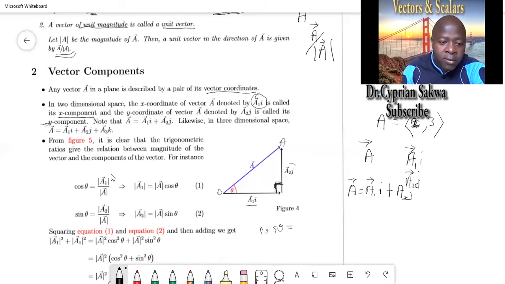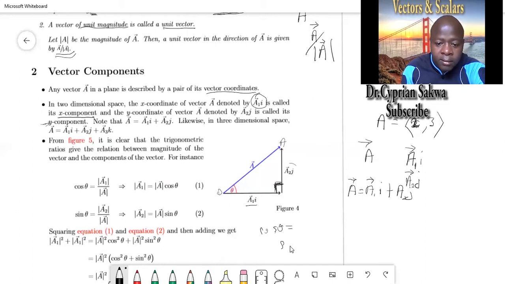So the magnitude of the x component over the magnitude of the vector gives me cos theta. That means the magnitude of the x component of A can be expressed as the magnitude of vector A times cos theta.